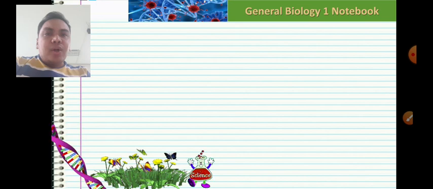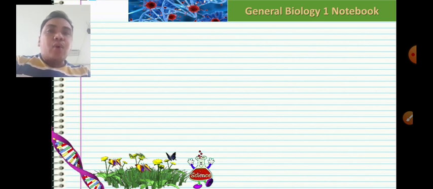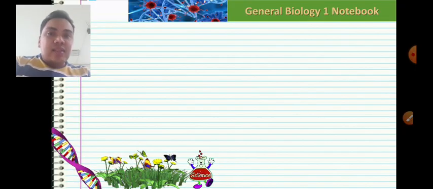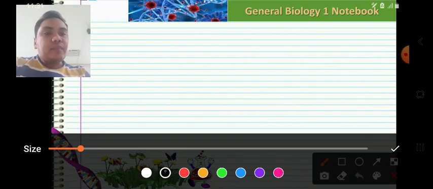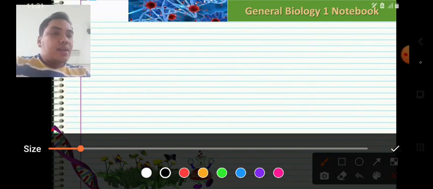Remember, we have several important organs in a plant system. We have the roots, stems, and leaves, aside from fruits and flowers. So let's try to illustrate the following. So for instance, we have the roots.